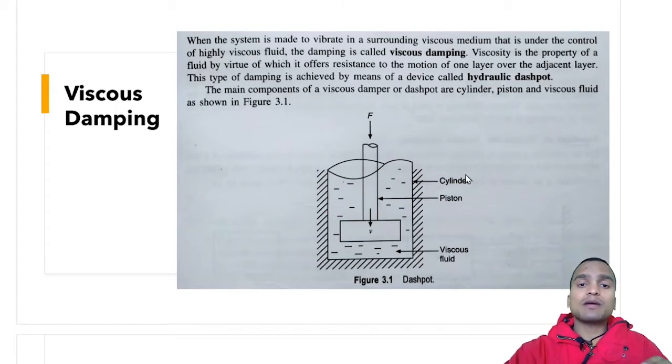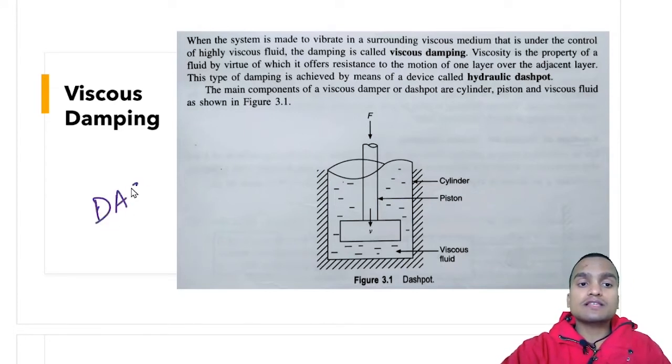So this type of damping is achieved by means of a device called a hydraulic dashpot. The device which is responsible for damping will now be called a dashpot in our course. Wherever we use the device dashpot, it means there is some damping in it. And the dashpot also has a representation, just like we represent a spring.